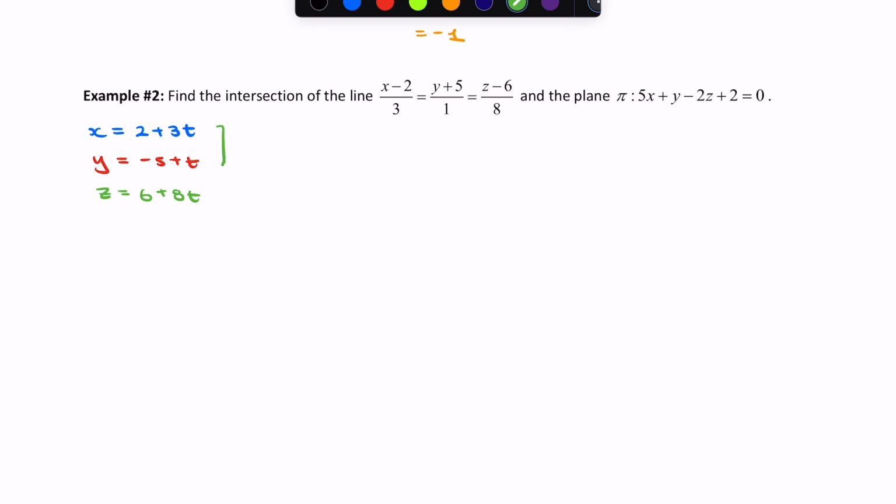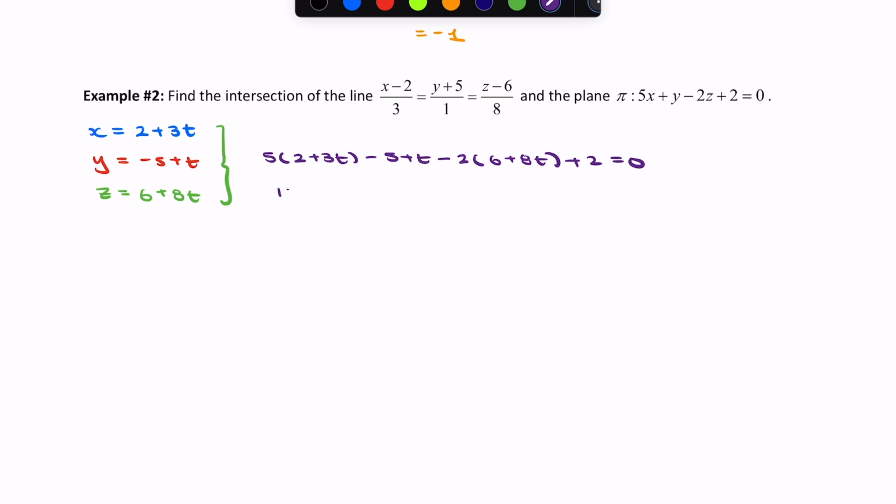Now we can sub these into our plane equation. Here we get 5 times (2 plus 3t) minus (-5 plus t) minus 2 times (6 plus 8t) plus 2 is equal to 0.